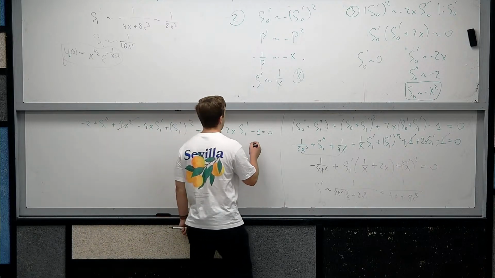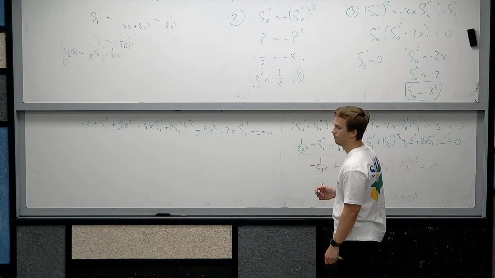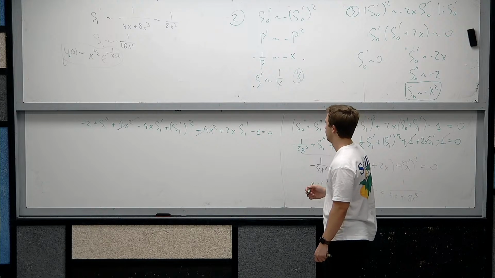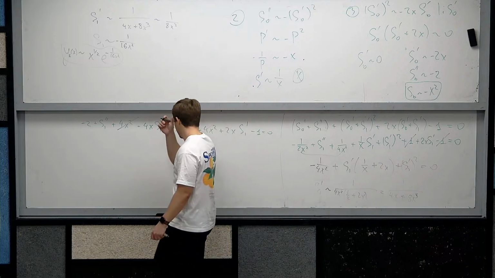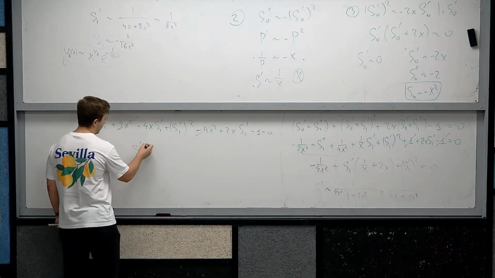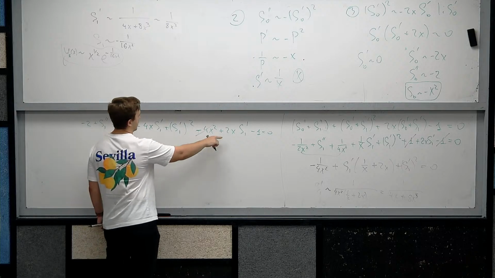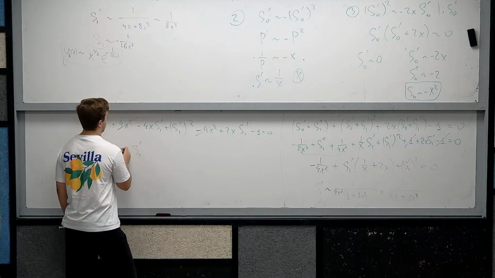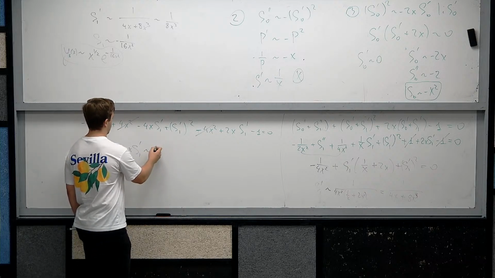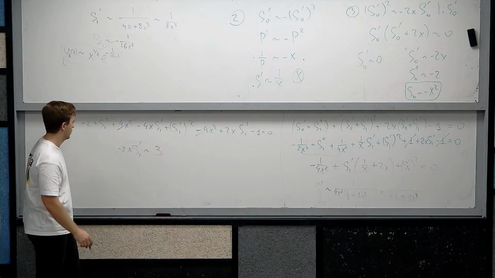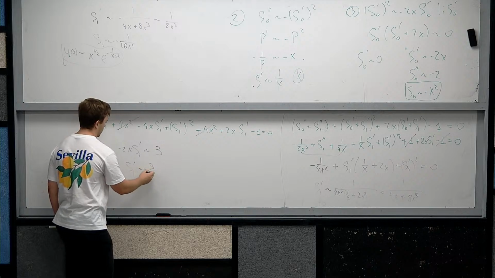We keep minus 3 and S1 prime. Okay. Yeah, makes sense. So we have S1 prime, then here, by the way, this and this is just minus 2x, and this goes like 3, right? So S1 prime goes like minus 3x.